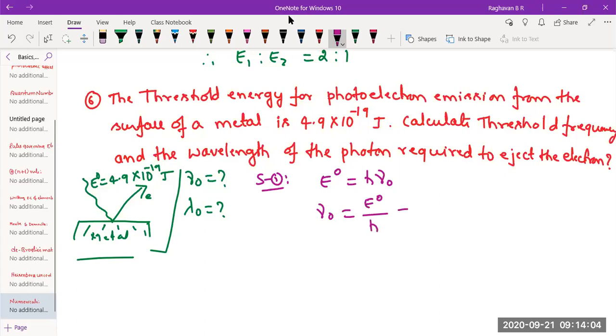They have given threshold energy 4.9 into 10 raised to minus 19 divided by Planck's constant 6.625 into 10 raised to minus 34. Nu naught, let me know, 4.9 divided by 6.625.